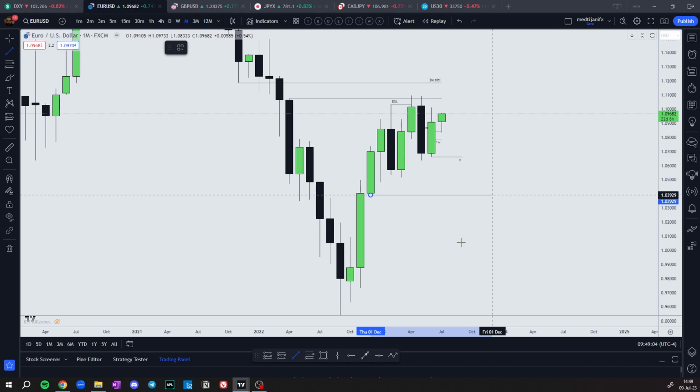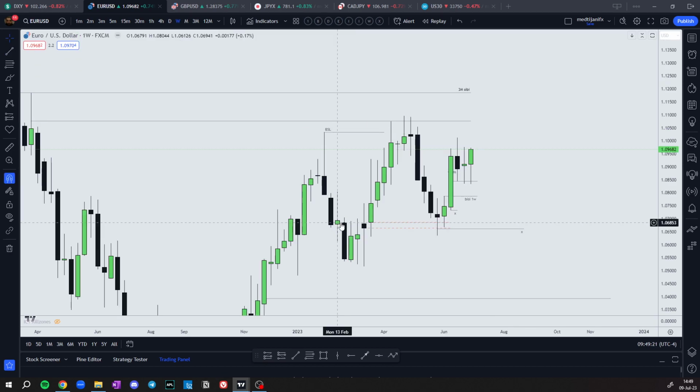On the weekly time frame, we are seeing that price has retraced to this weekly order block with the volume imbalance, with this low and with this weekly close and the next weekly open. We have a volume imbalance that price has respected, and also this weekly volume imbalance here. So price has retraced to discount and shows a quick reaction to continue higher.